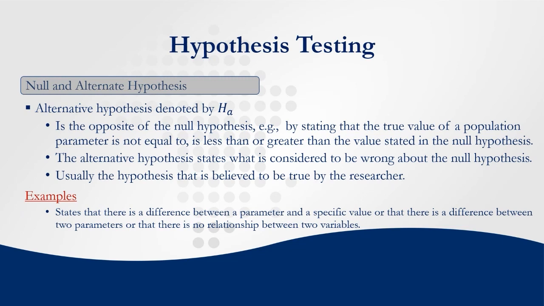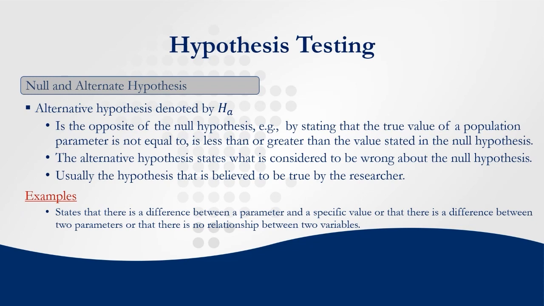So the alternate hypothesis captures what the researcher believes to be true, which is really what the researcher wants to gather evidence for, hoping that the data collected will present evidence to reject the null hypothesis.